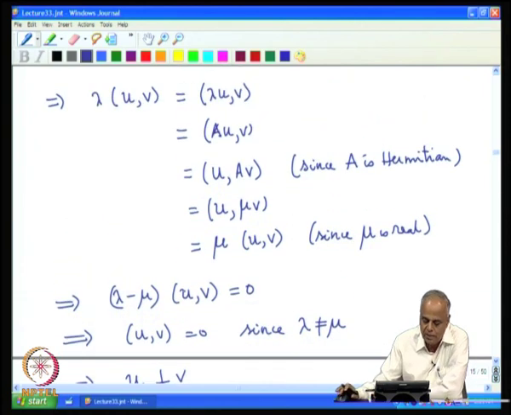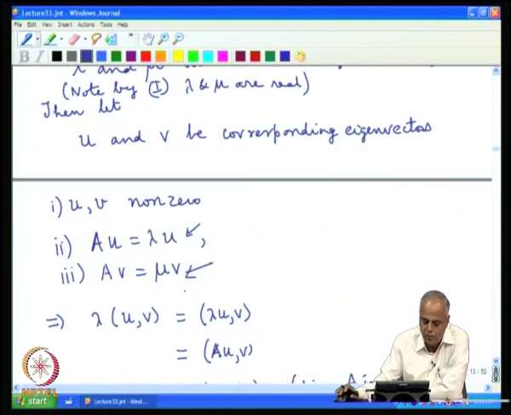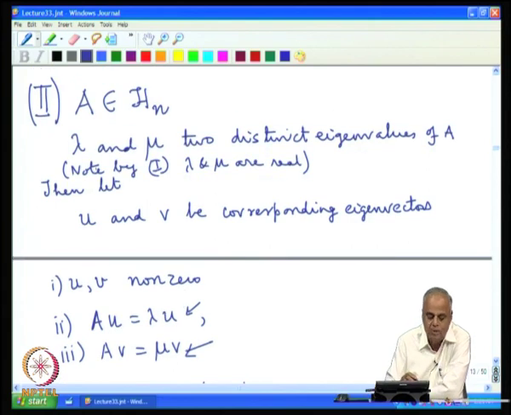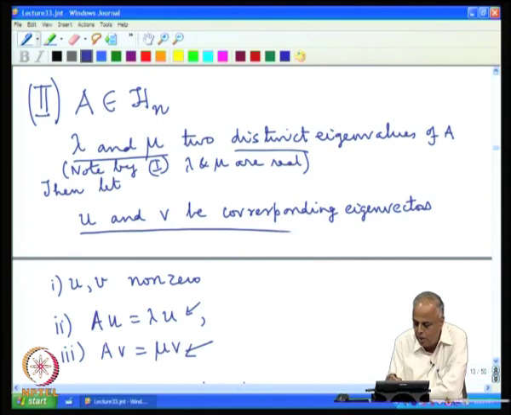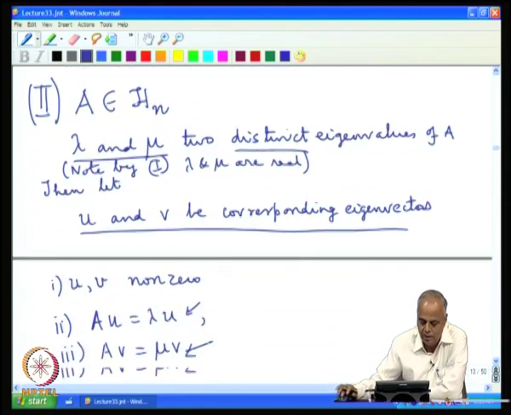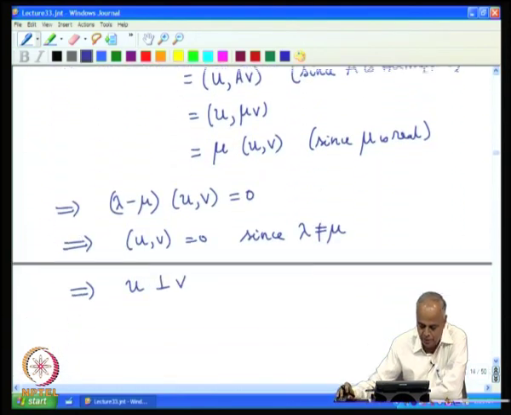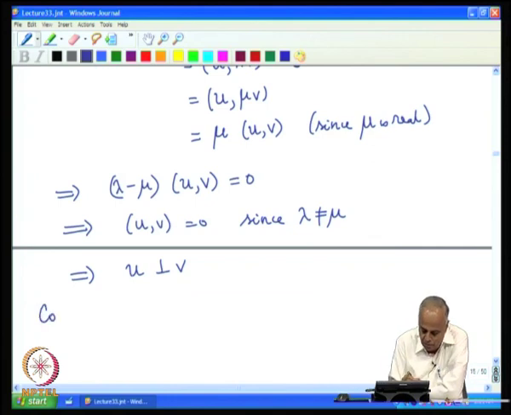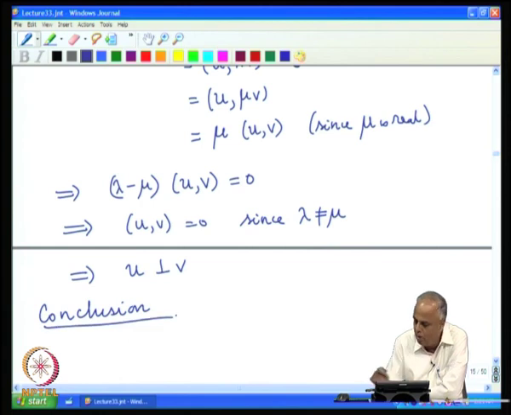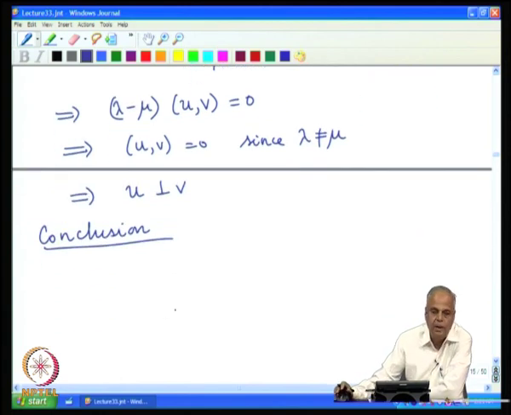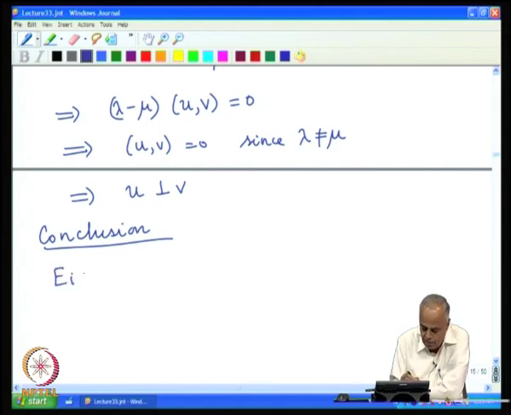What this therefore says is, if you take two distinct eigenvalues lambda and mu and look at their corresponding eigenvectors, they must be orthogonal. So, conclusion, this is the second fundamental property of the eigenvalues and eigenvectors of a Hermitian matrix.